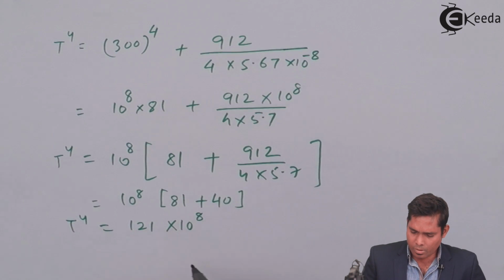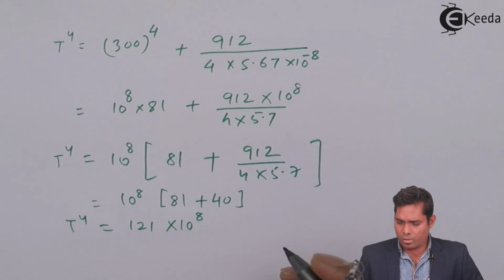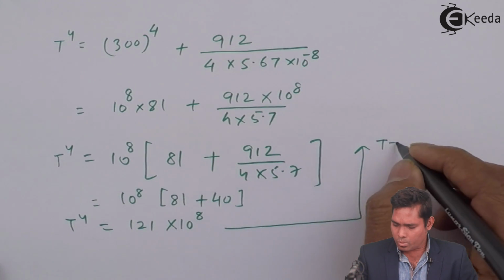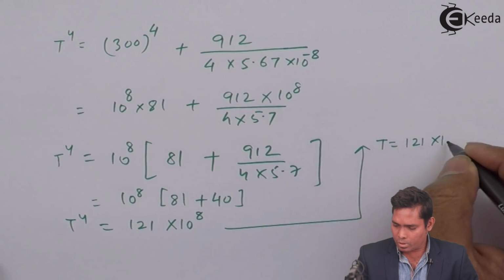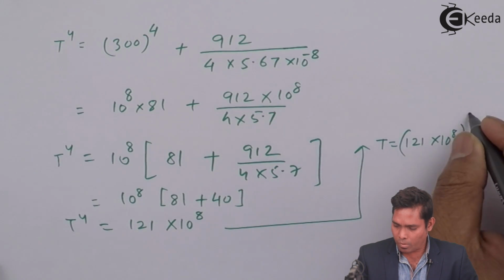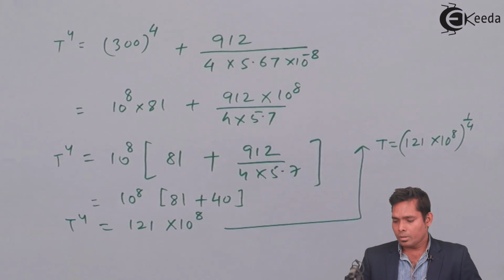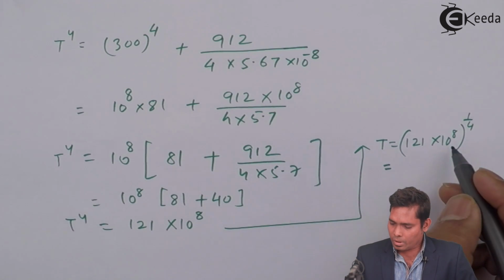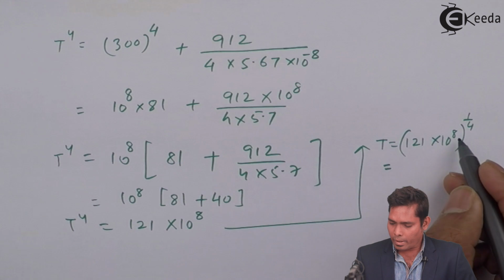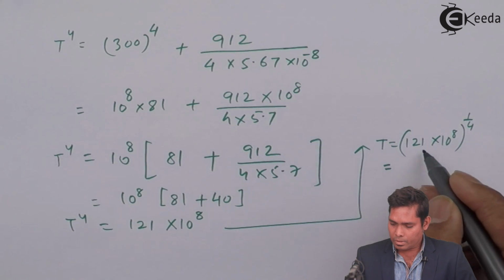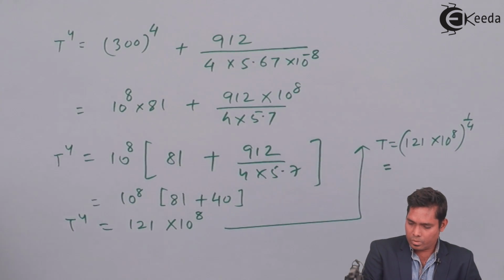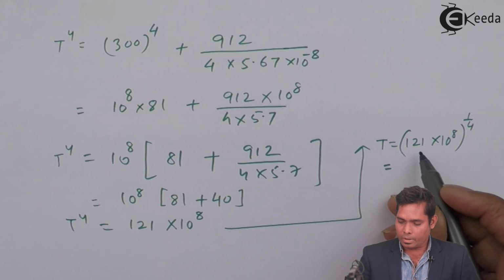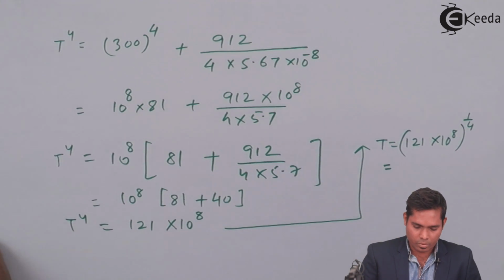If I take the fourth root of that, T equals 121 times 10 raised to 8 to the power 1 divided by 4. This becomes 10 squared times 121 to the power 1/4, which is about 3.3.